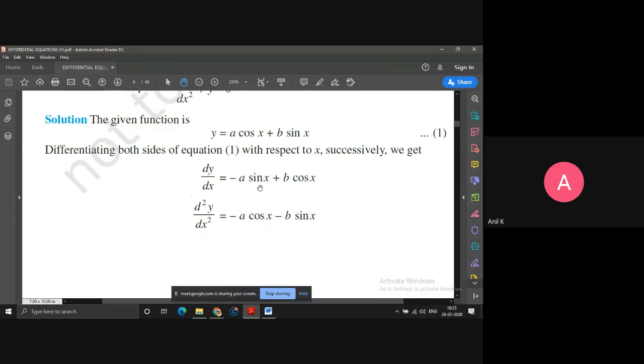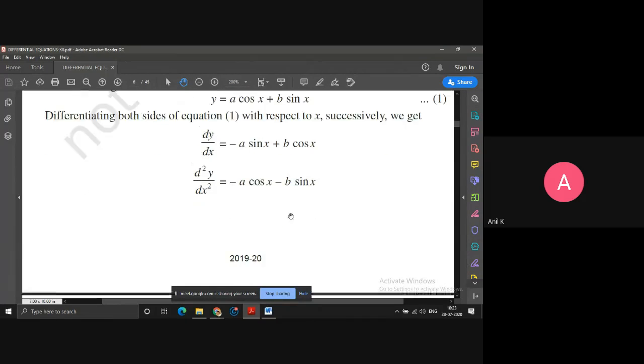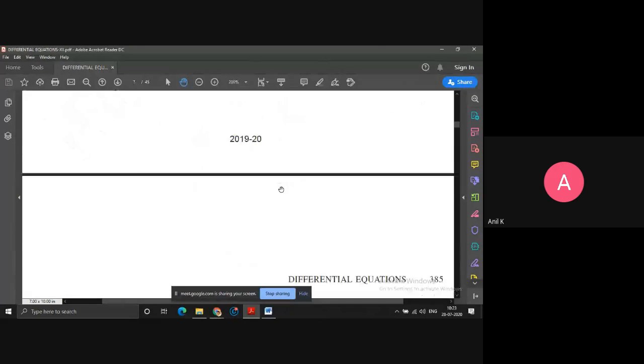Now you do the second derivative, d square y by dx square. The derivative of sin is cos, so you get minus a cos x. And the derivative of cos is minus sin, so it will be minus b sin x. So d square y by dx square has negative terms.